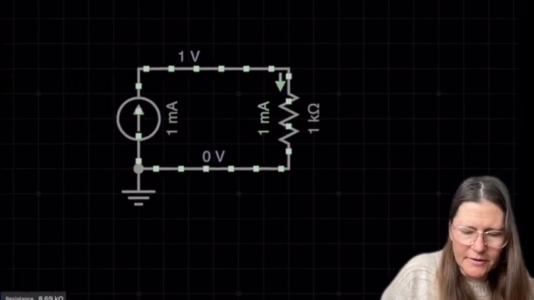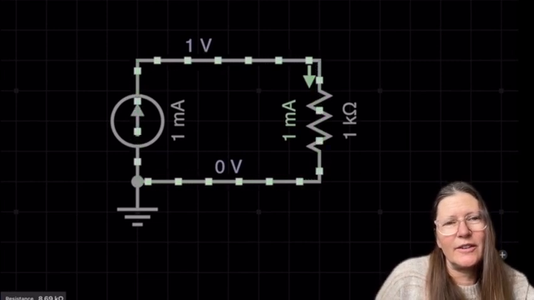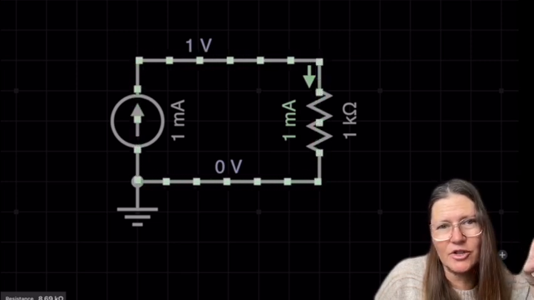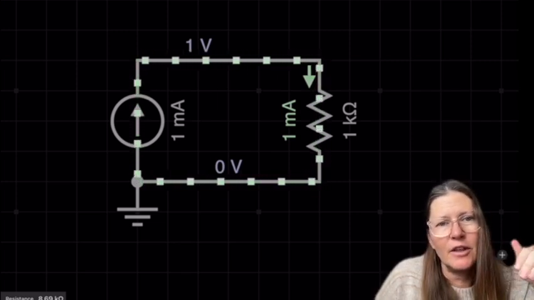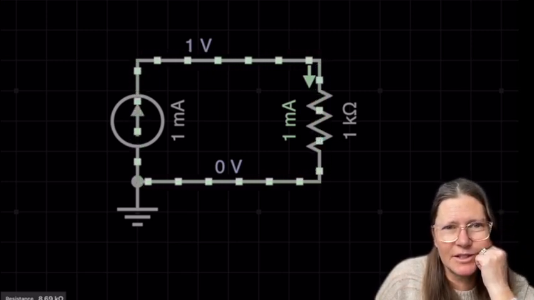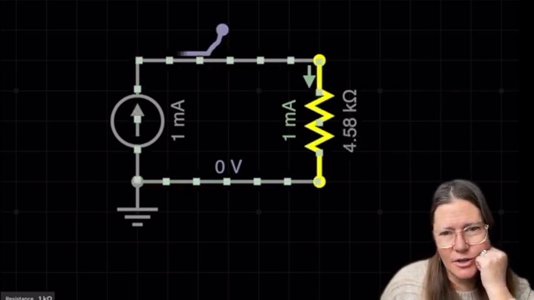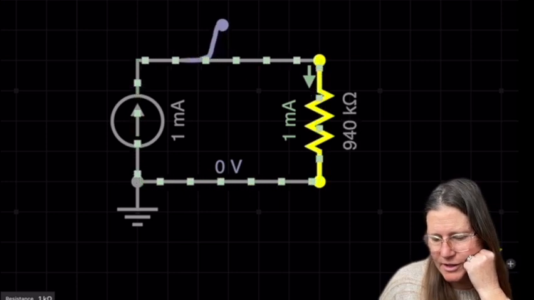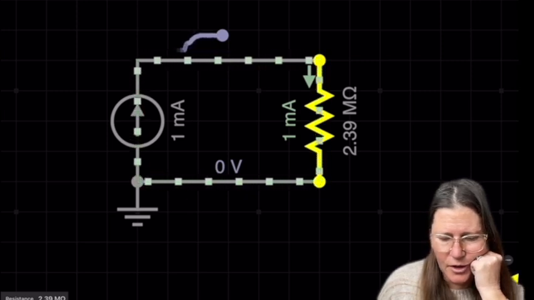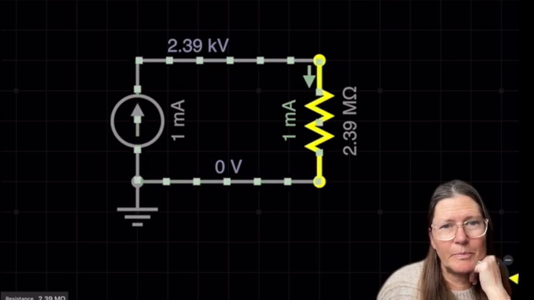So I wanted to kind of visualize what goes on here. So this is a 1 milliamp that's fixed in one branch, and then the voltage is determined by the resistance that's located here. So if I change this resistance to a large value, you're going to see that your voltage is going to be huge.